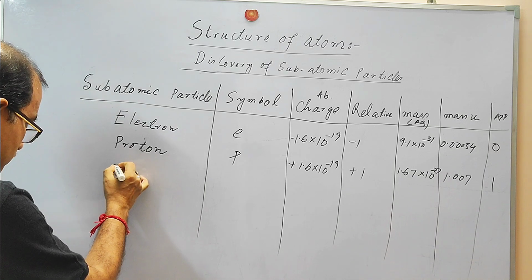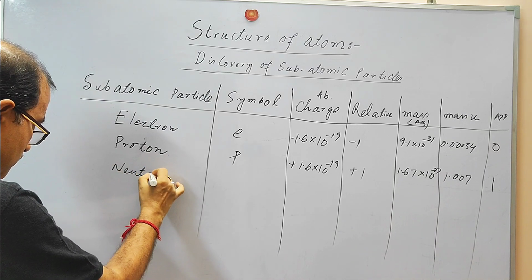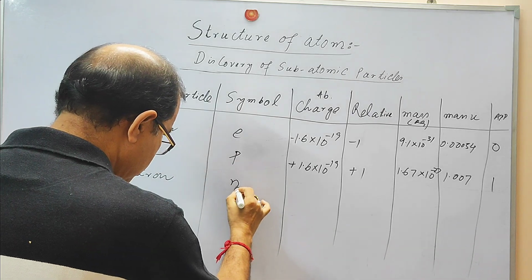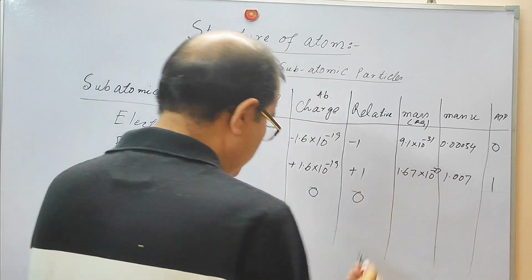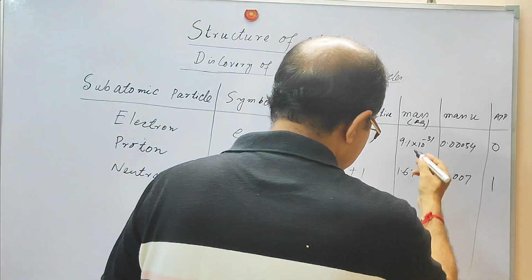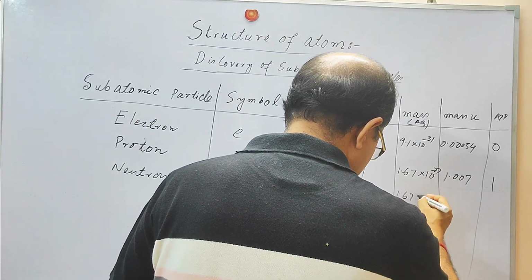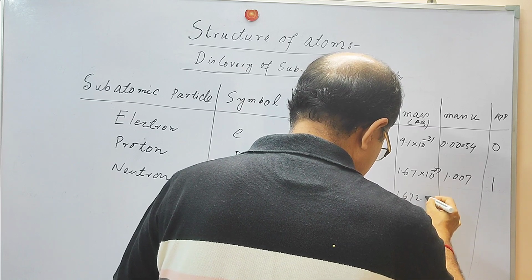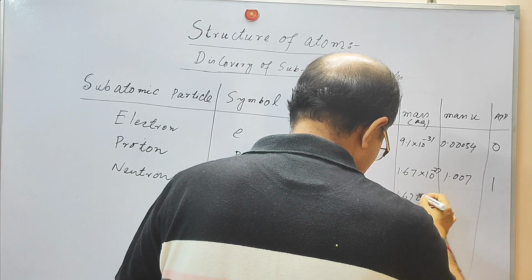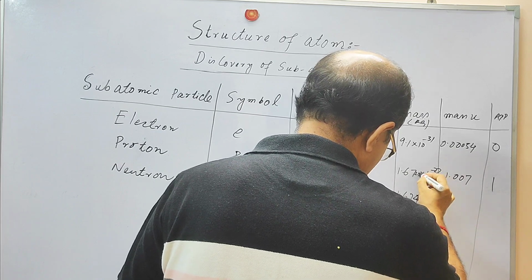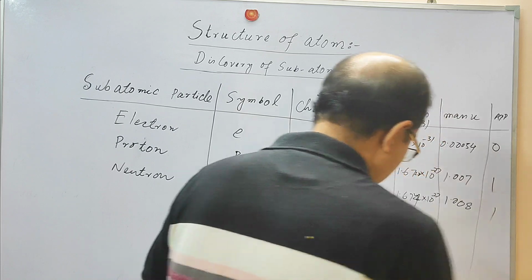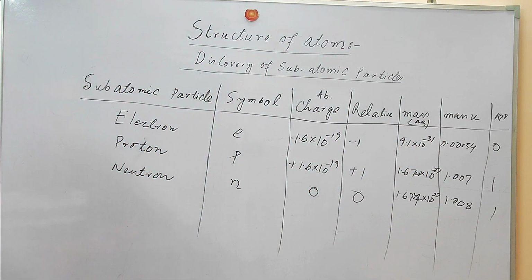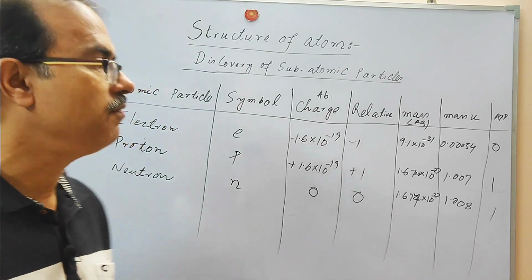And another one is the neutron. The neutron symbol is n, and it has no charge and no relative charge because it does not have any charge. Its mass is slightly higher than the proton, and that is 1.008. So this is a chart. This chart will be helpful to solve any type of problem.